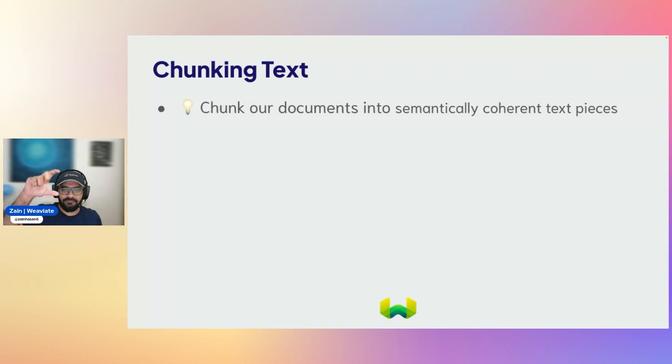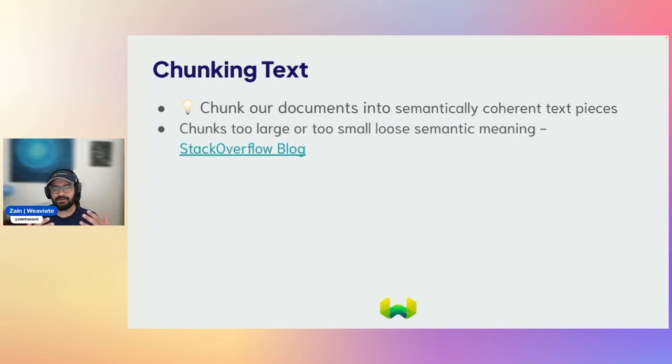You want to have one train of thought in one chunk so that the vector that you generate captures that information. If you've got too big of a chunk, then you might have multiple semantic meanings behind that, and the vector that gets generated to capture that chunk can't follow along, right? And if the chunk is too small, then it might not have any meaning at all, right?